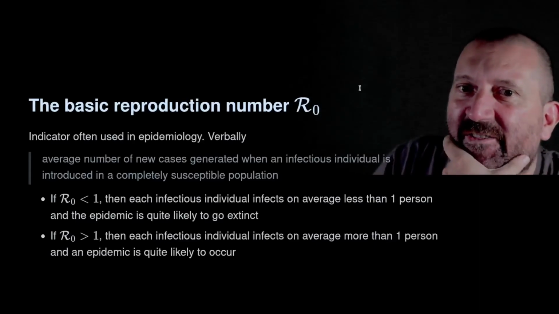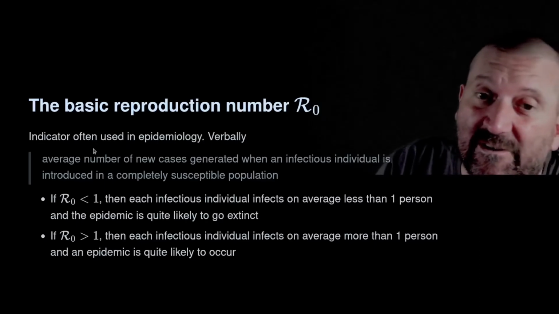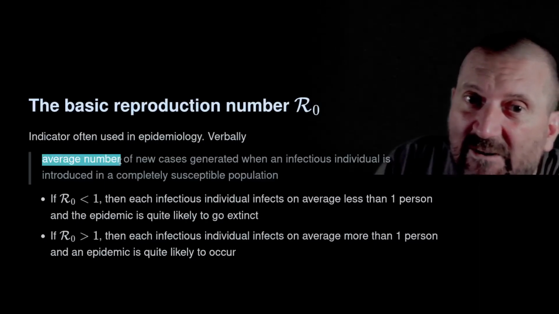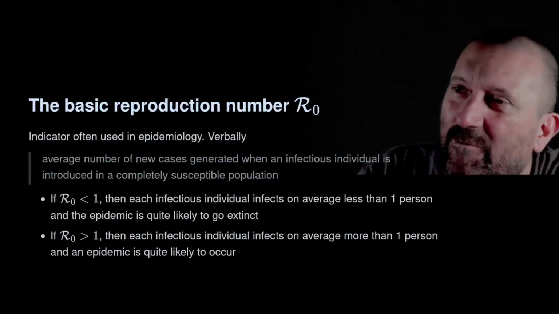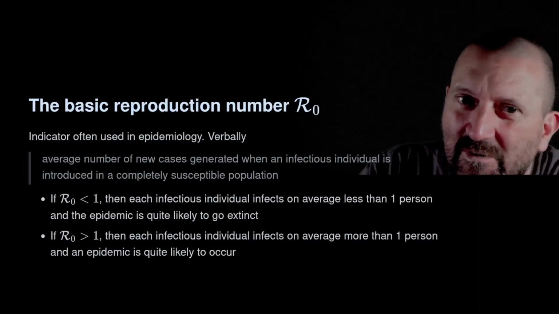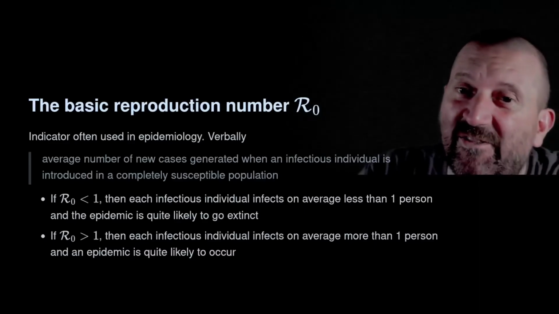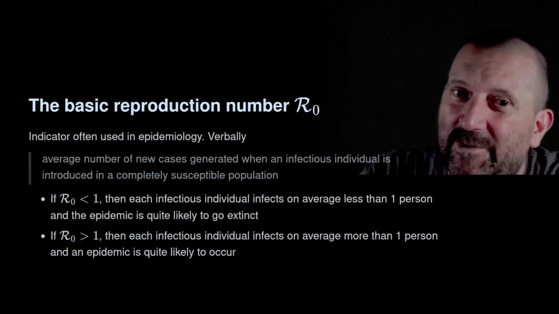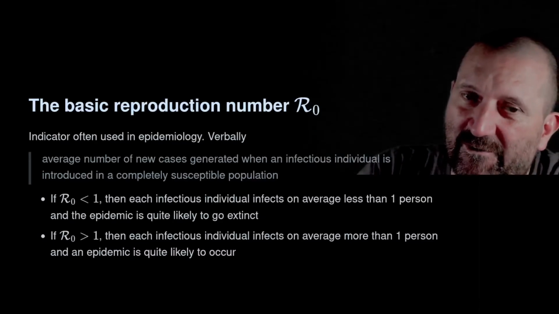And this R0 that we saw is very much used in epidemiology, as you know, but there's also a proper definition from a statistical, probabilistic point of view. R0 is the average number of new cases generated when an infectious individual is introduced in a completely susceptible population.